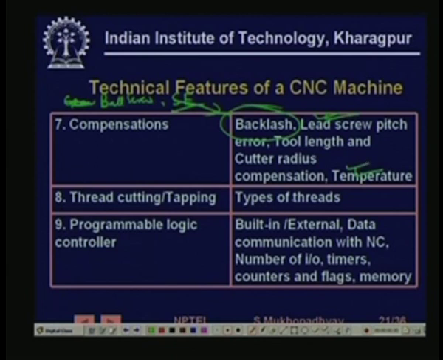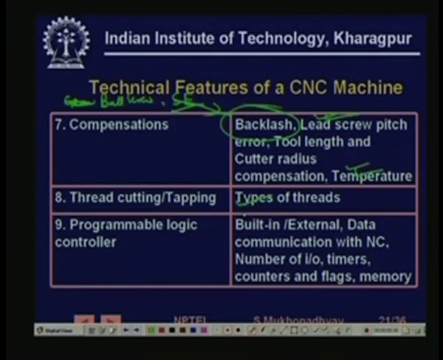Various kinds of thread cutting that are possible, and then what kind of PLCs are used, how the PLC is going to interact with the drives controller, and the number of IOs that it can handle. As we will see, the PLC is not to be used for the drive, since such close sampled control is required, and sometimes computation is also involved.